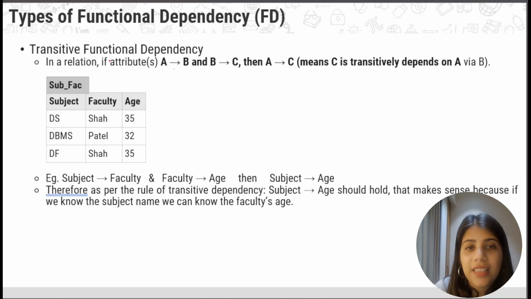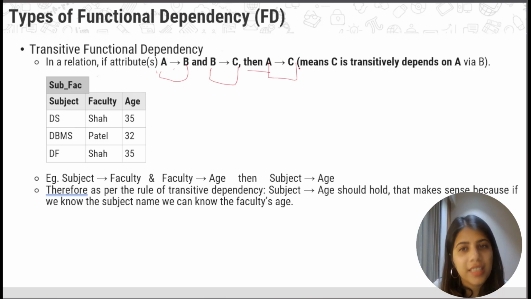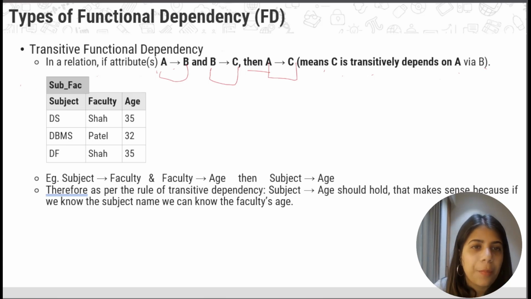Now let's understand transitive functional dependency. In a relation, if attribute A determines B and B determines C, then we can also say that A can determine C, which means C transitively depends on A via B. For example, यहाँ पे एक table है, subject faculty. We have given the subject, faculty and the age.